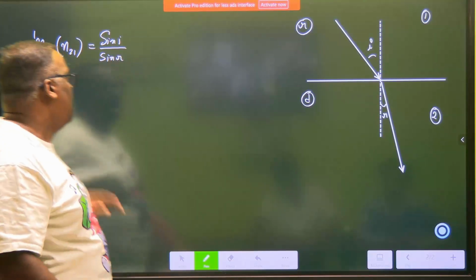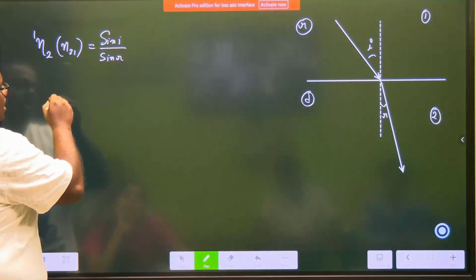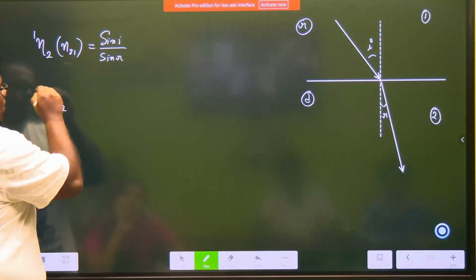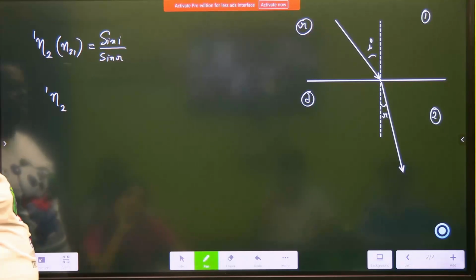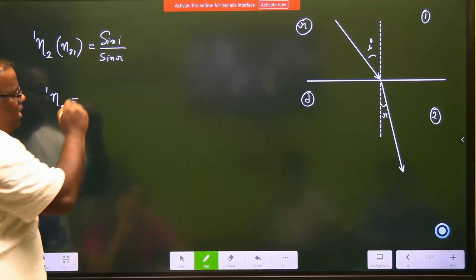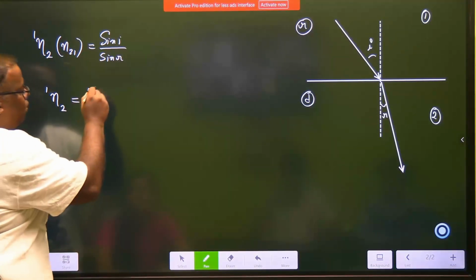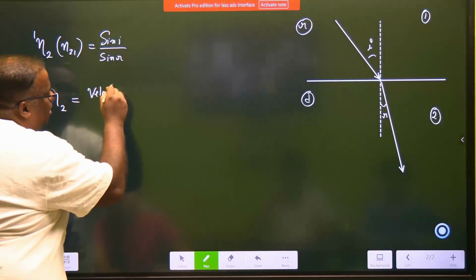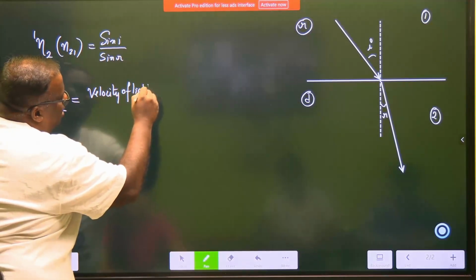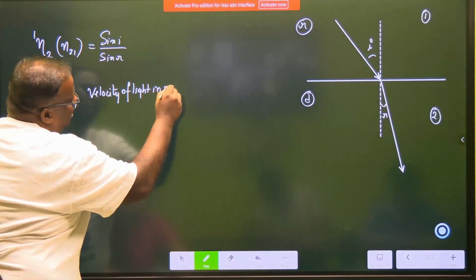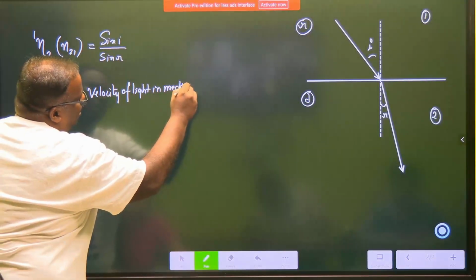Okay. However, children, eta 2 with respect to 1, can also be expressed as the velocity of light in medium 1. Again, on top it is 1, so medium 1.